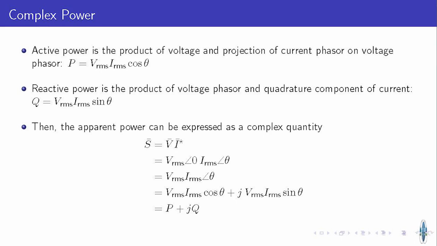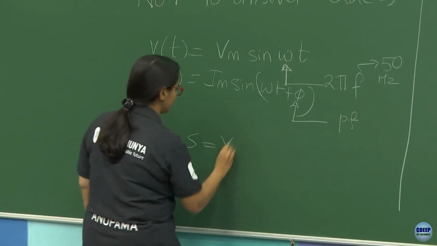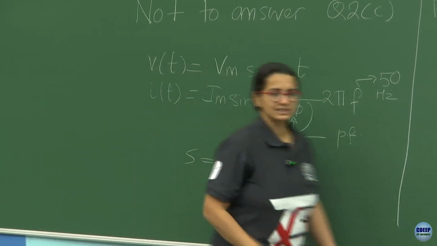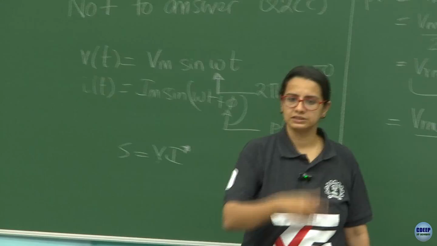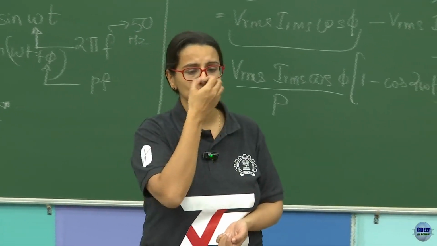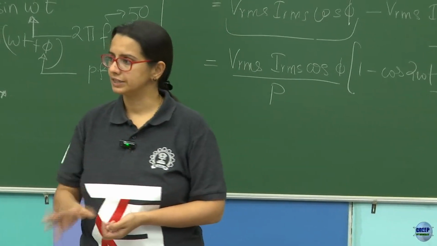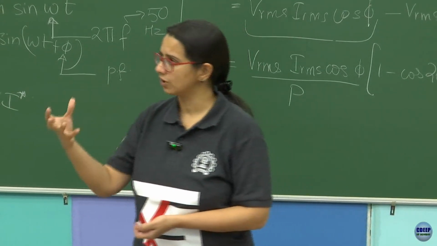So when you put S is equal to V into I complex conjugate, this is what I meant to write. This is a convention we have adopted just so that you can neatly break down your apparent power in terms of P plus jQ that you commonly recognize.